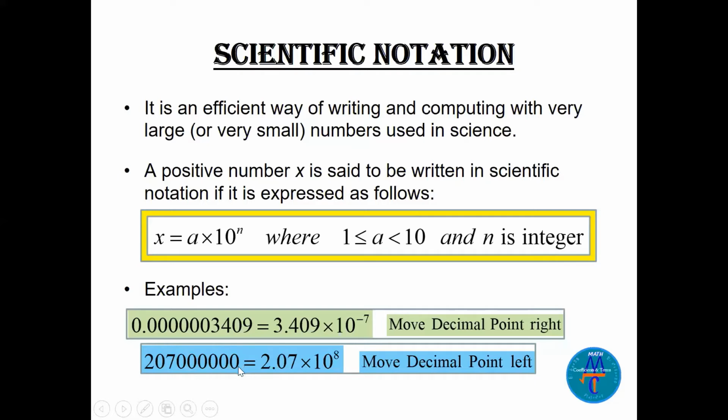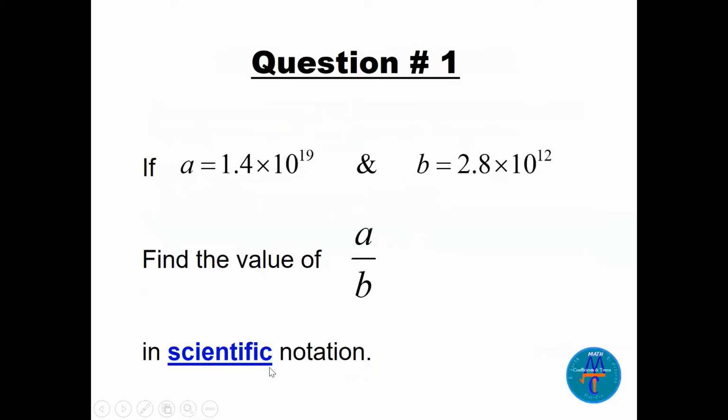So I move the decimal point to the left: 1, 2, 3, 4, 5, 6, 7, 8, until 2.07, because I cannot accept 20.7. So it is 2.07 times 10 to the power 8, because this is a big number and I'm moving the decimal point to the left.